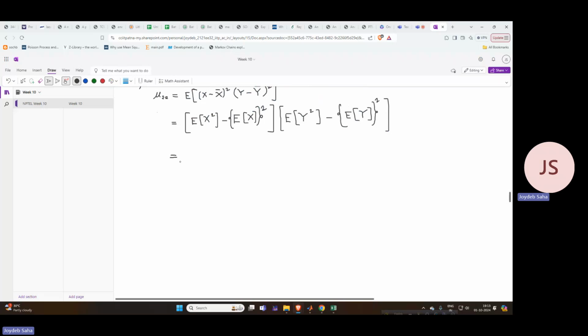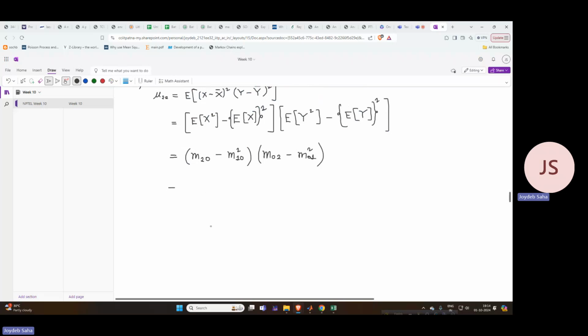So we can write it as, this is nothing but the second moment m20, this is first moment squared m10 squared, multiplied with m02 minus m01 squared, right?